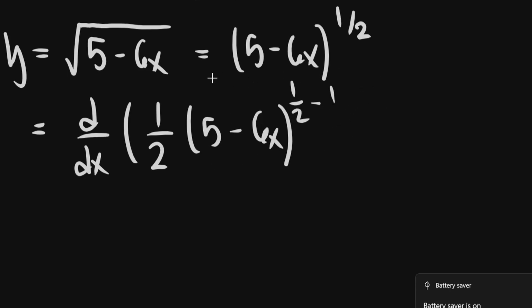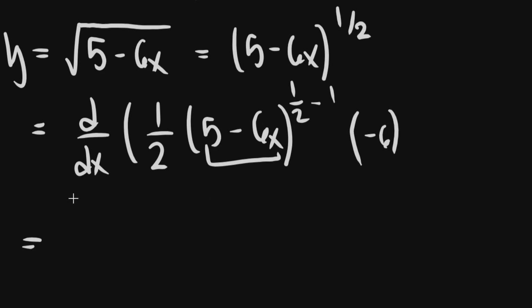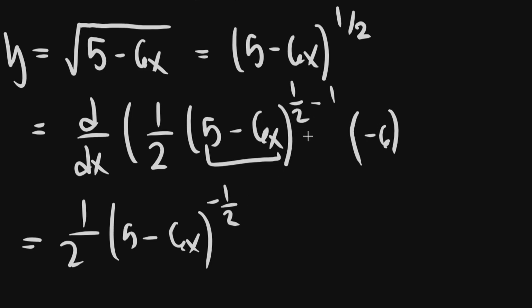And then since we derived the outside, we should derive the inside, which is 5 minus 6x. The derivative of this would be negative 6. So our final answer should look like 1/2 (5 minus 6x) raised to negative 1/2, since 1/2 minus 1 is negative 1/2, times negative 6.